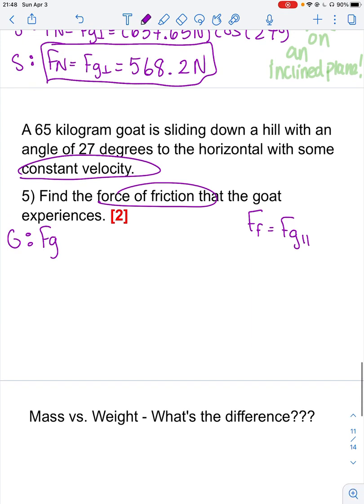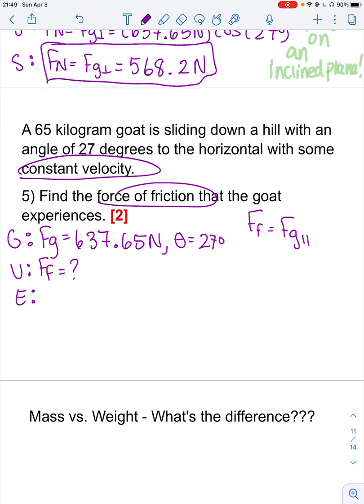So we say my force of gravity is equal to 637.65. That value clearly is going to be useful. Theta is 27 degrees. My unknown is the force of friction. My equation, if it is sliding down the slope, means it's Fg parallel.